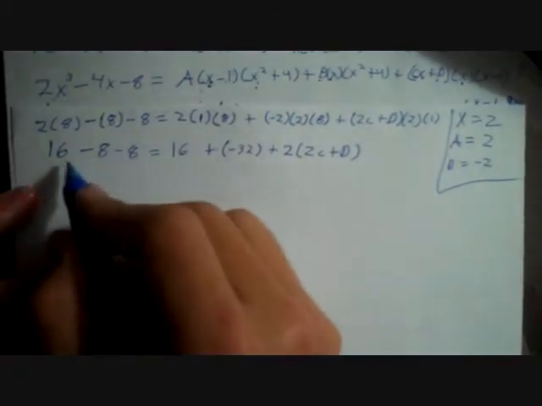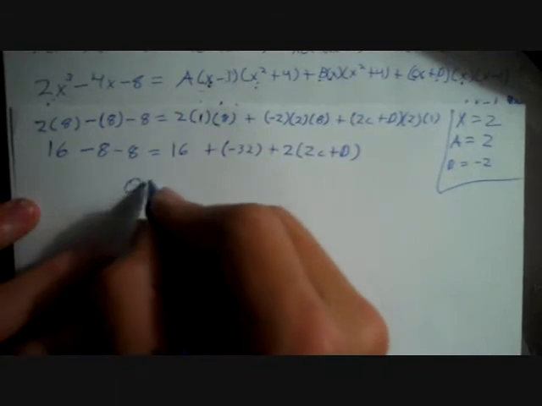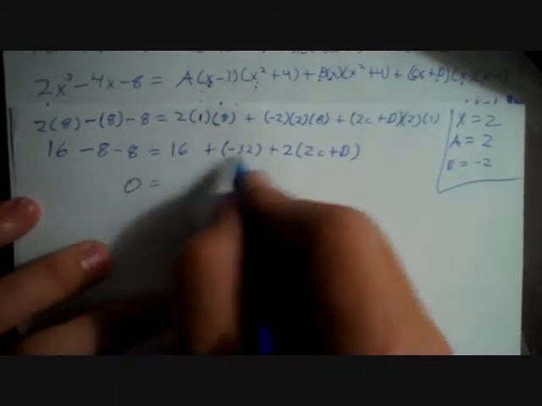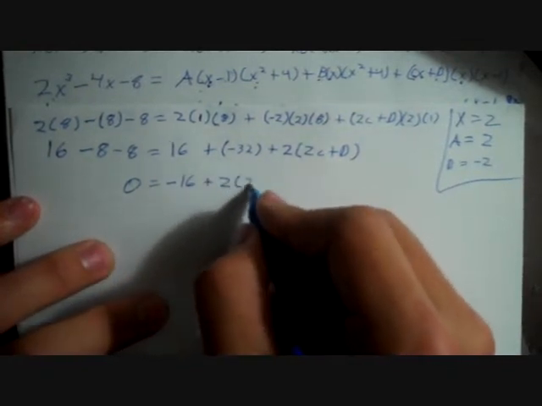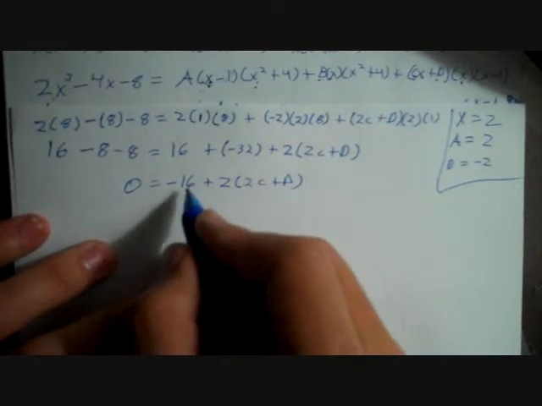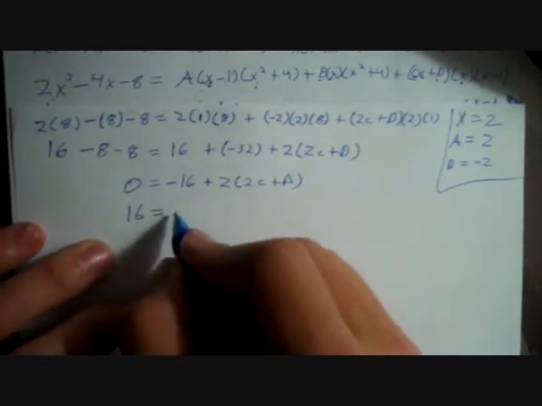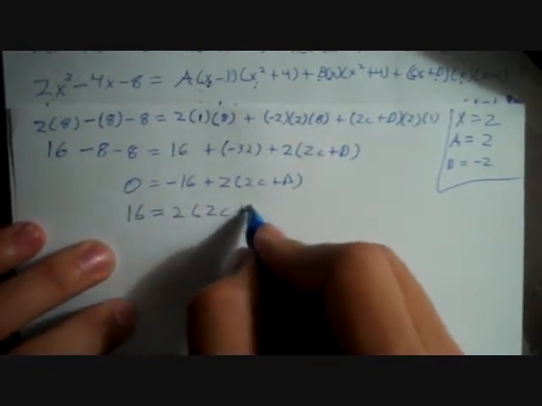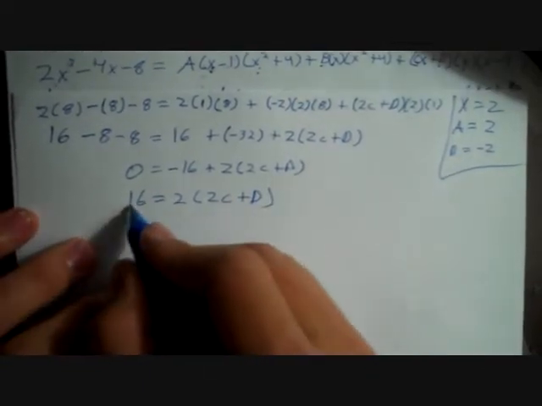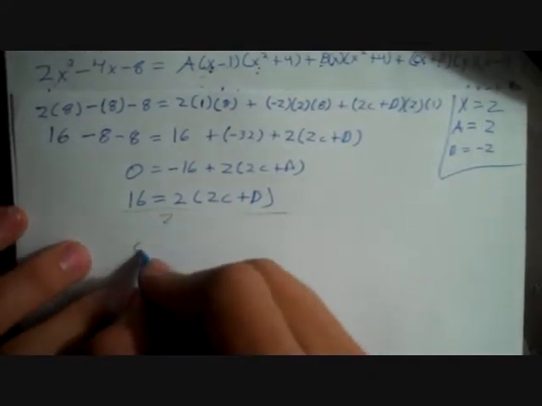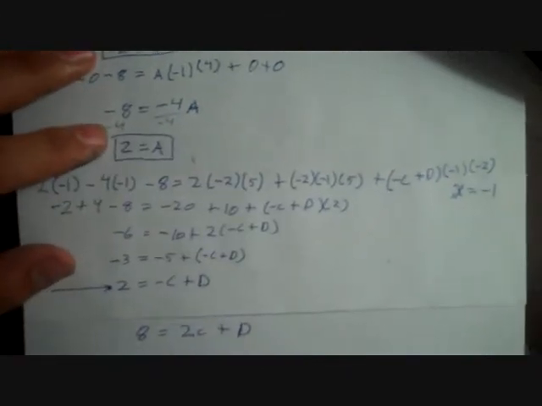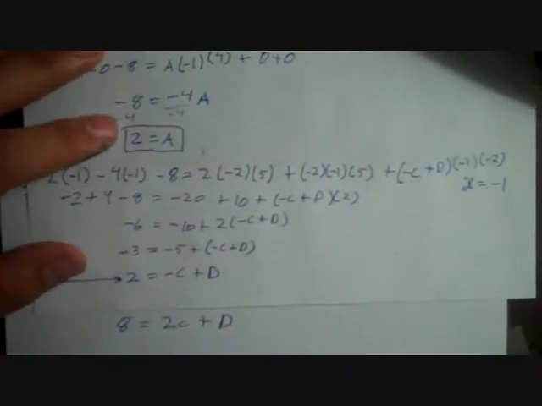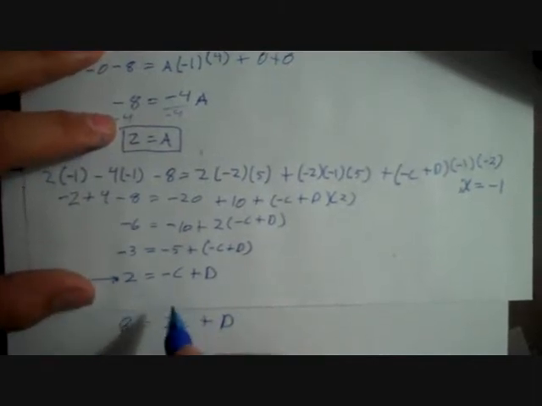Alright? And let's try to combine this again. So 16 minus 8, that's 0, equals 16 minus 32, that's negative 16, plus 2 times 2c plus d. So let's move 16 over, so we have 16 equals 2 times 2c plus d. And so let's divide both sides by 2, so we have 8 equals 2c plus d. Alright, now let's combine that with our previous relation that we came up with.